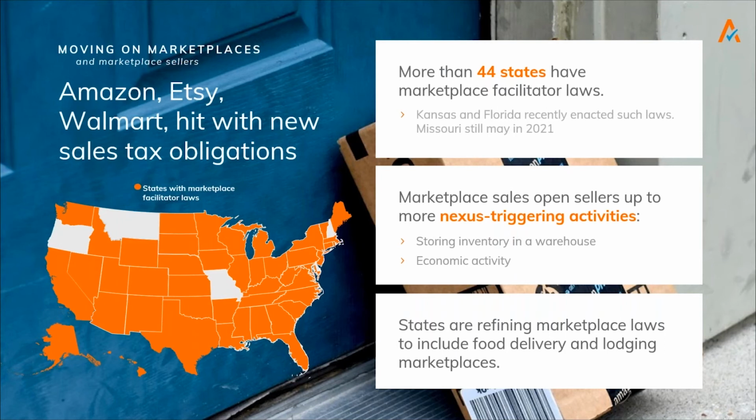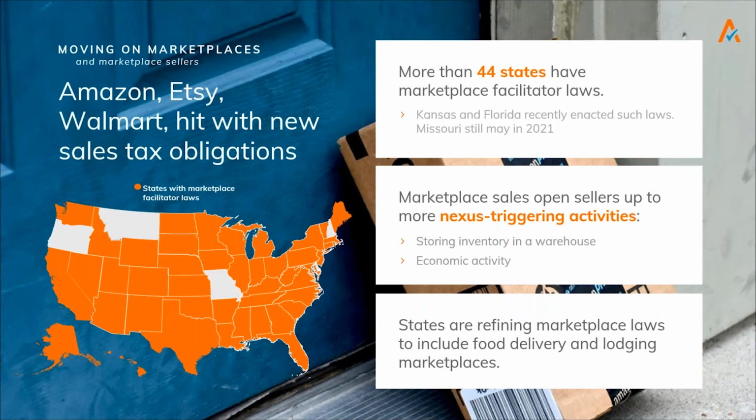And it is a challenge for companies to manage because they get their reports. Is their marketplace collecting the tax for them? The marketplace facilitator laws are requiring these marketplaces to collect the tax on behalf of their sellers, so that you don't have to collect and remit that tax. But reporting it on your returns when you're using marketplaces can be a challenge in some states.